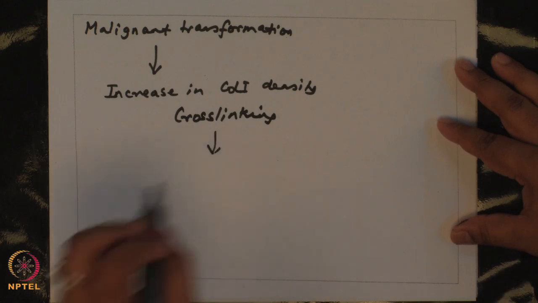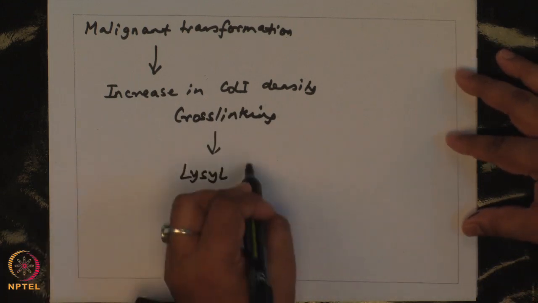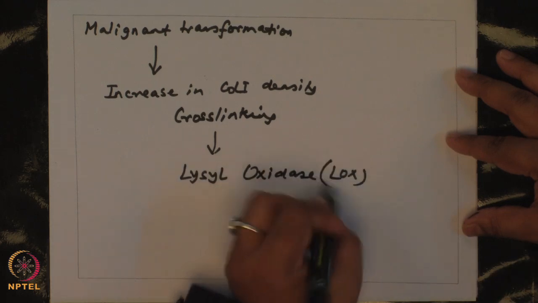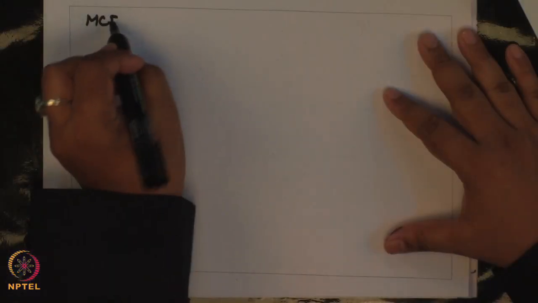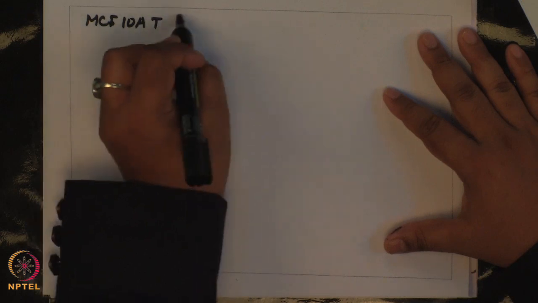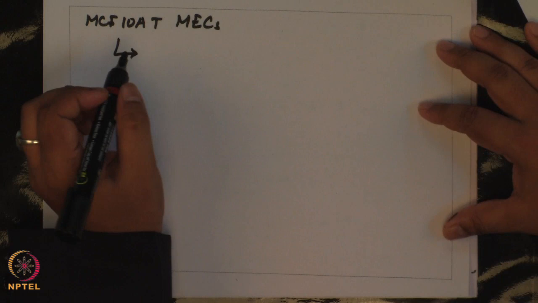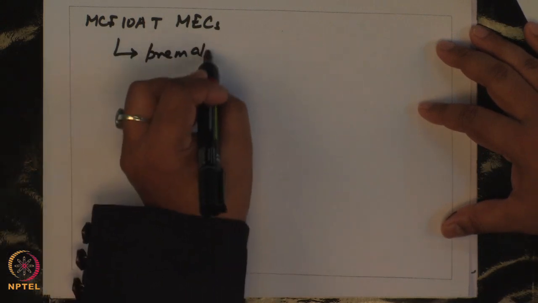This cross linking was mediated by this enzyme called lysyl oxidase, or in short LOX. So, in this model, when they injected MCF10A mammary epithelial cells, what they find is these form pre-malignant tissues.